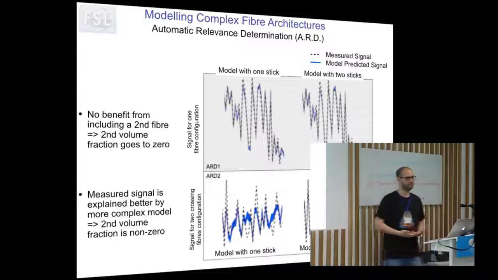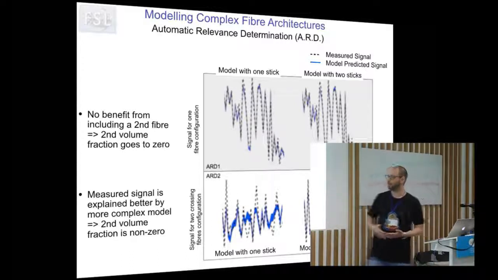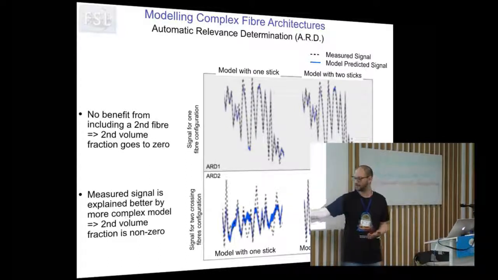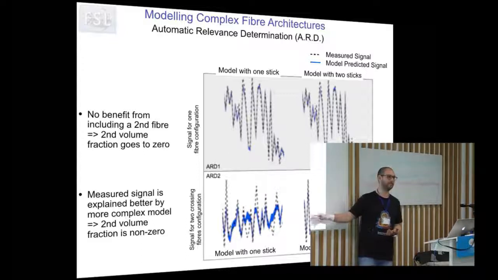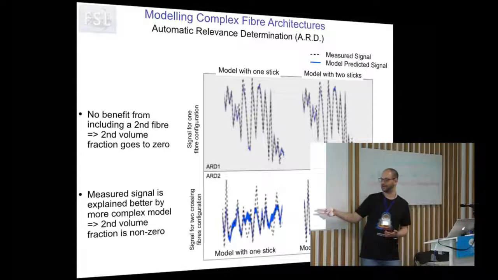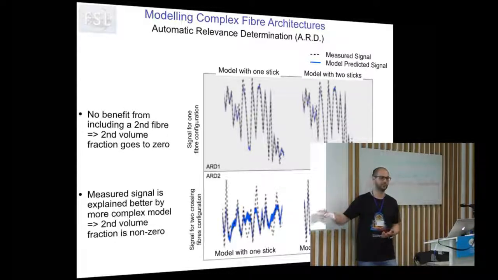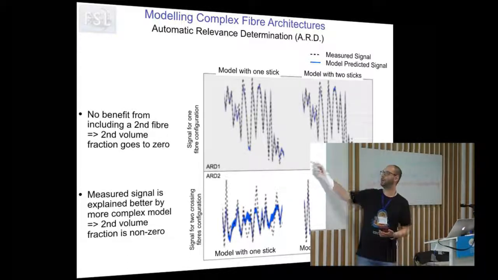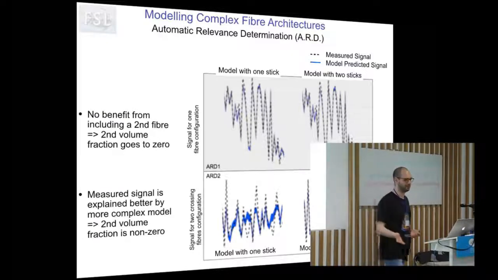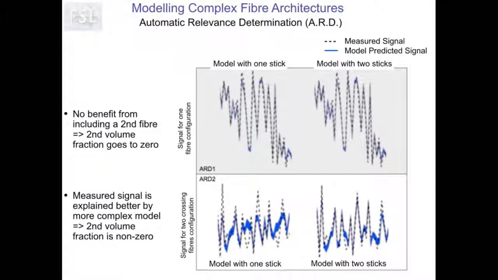While if we're here in more complex voxels in which, for example, 2 fibers cross, we see that modeling just using 1 stick doesn't do as good a job as modeling the same voxel using 2 sticks, right? So the prior basically automatically decides that yes, in this voxel you should retain the 2 fiber information, while here you should basically bring the anisotropic volume fraction of a second fiber to effectively 0, right? And this is automatically done by the Bayesian framework that you've set up in bedpost-X.